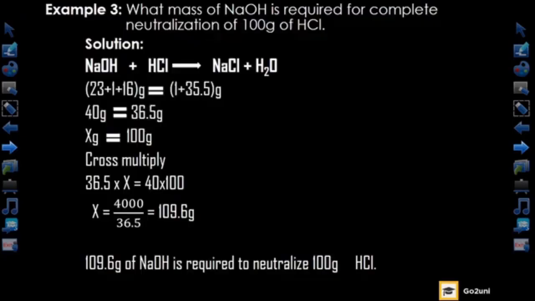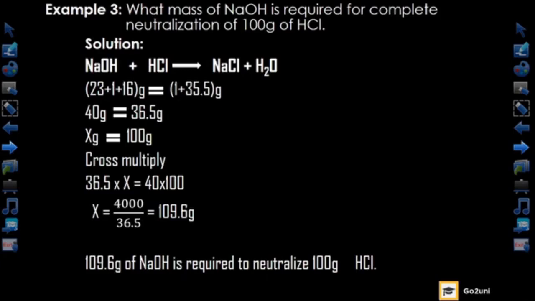So we'll take a look at our next question. Example 3 says, what mass of sodium hydroxide, NaOH, is required for complete neutralization with 100 grams of HCl?